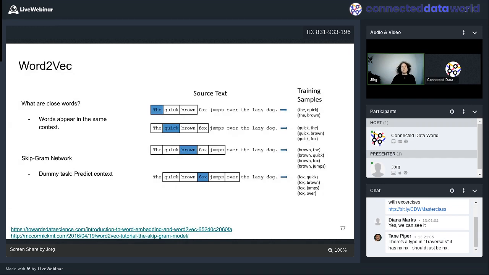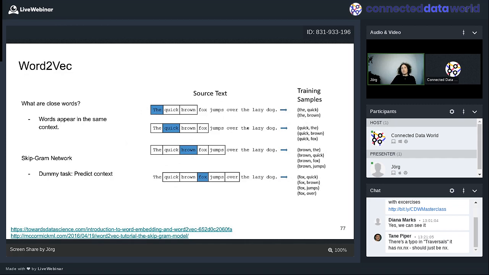Then what we do with that, in text, natural language processing, we basically have those sentences, and we create training examples. So we try to create examples where we predict the context from a particular word. So here, for example, from Z, we want to predict quick and brown.